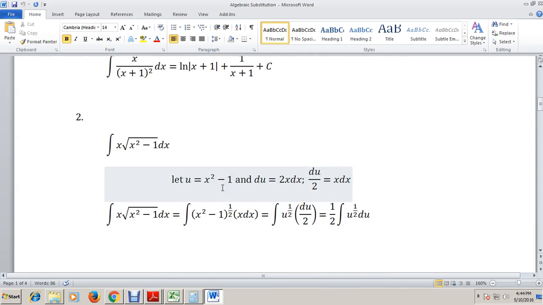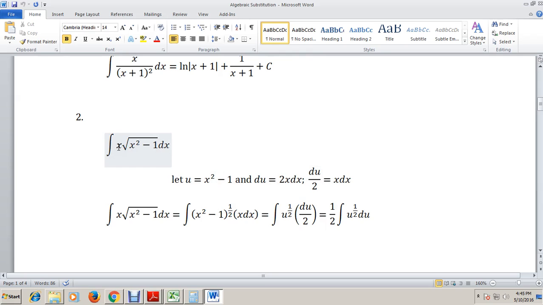Okay, so knowing that, we let u equal x squared minus 1, and solving for du becomes 2x dx. Of course, this is 2x dx. This means that we should be able to represent the square root of x squared minus 1 as the square root of u. We could replace dx in terms of du over 2, but we will be leaving out x.